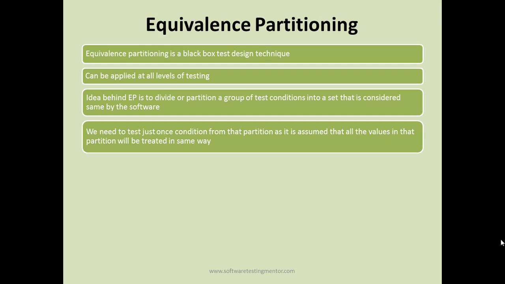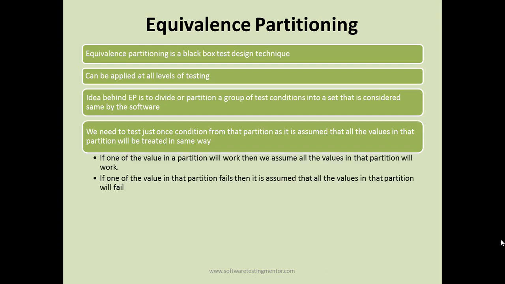You cover a lot more partitions rather than doing a random test of making an input of any number in the text field. Then if one value in a partition works, we assume that all values in that partition will work. That's the idea behind equivalence partitioning.